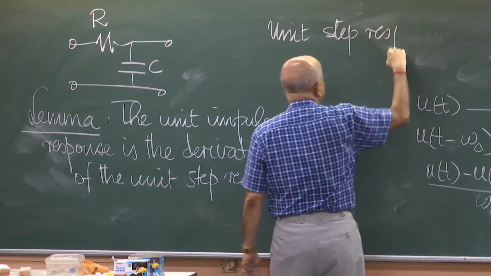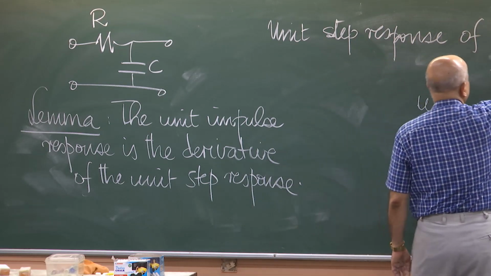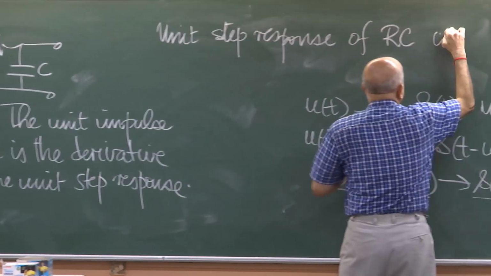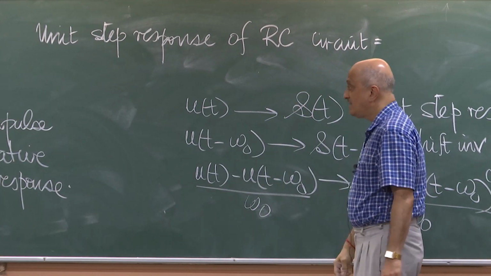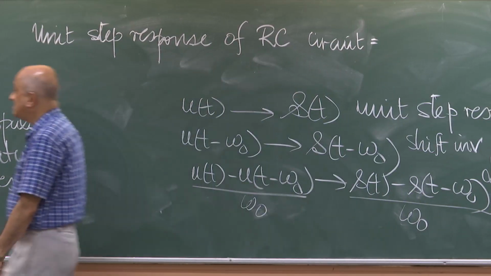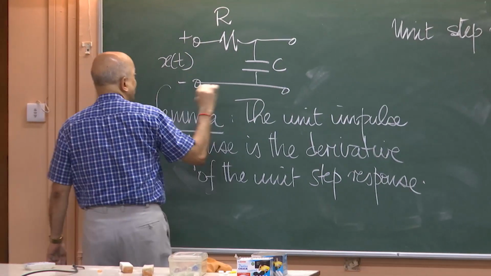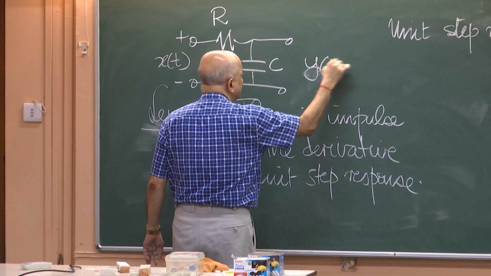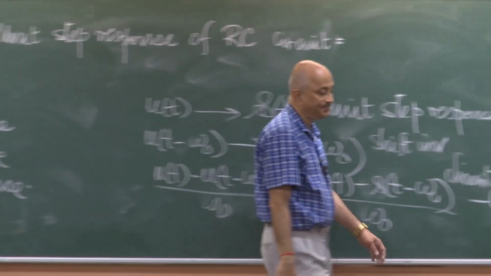We know the unit step. Actually, we know the unit step response of the RC circuit. See, it's very easy to write down. So the input is x(t), that's the voltage input, and the voltage output across the capacitor is essentially y(t).